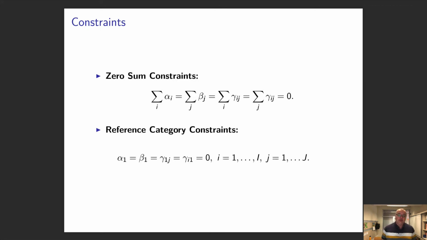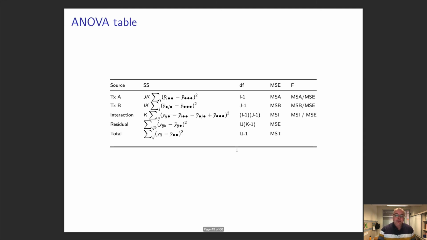Now we need lots of constraints to make sure it's identifiable. Here's how you could do it with the zero-sum, and here's how you could do it with the reference category. I'm not going to show you the design matrices, they get huge. But now we have an extra column, which is my interaction. Here's my residual.